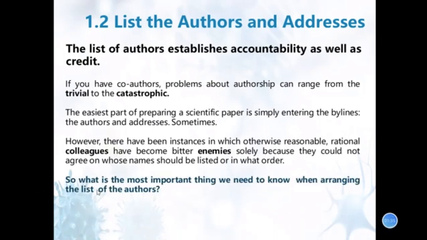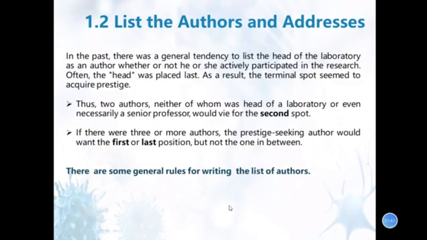So, what is the most important thing we need to know when reading the list of the authors? In the past, there was a general tendency to list the head of the laboratory as an author, whether or not he or she actively participated in the research.